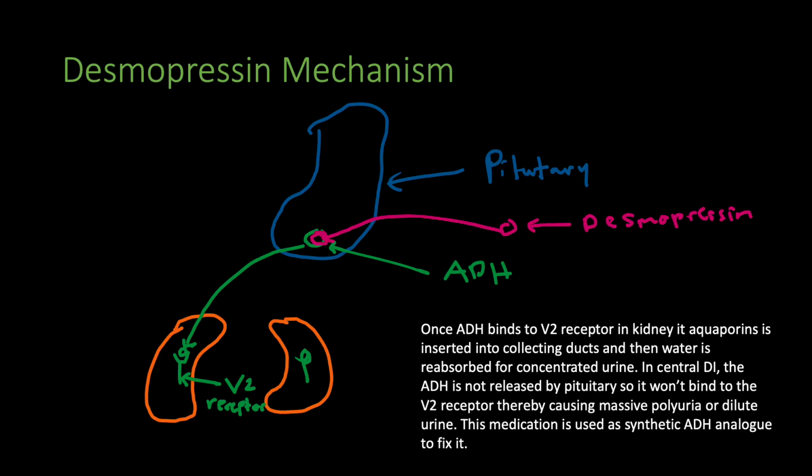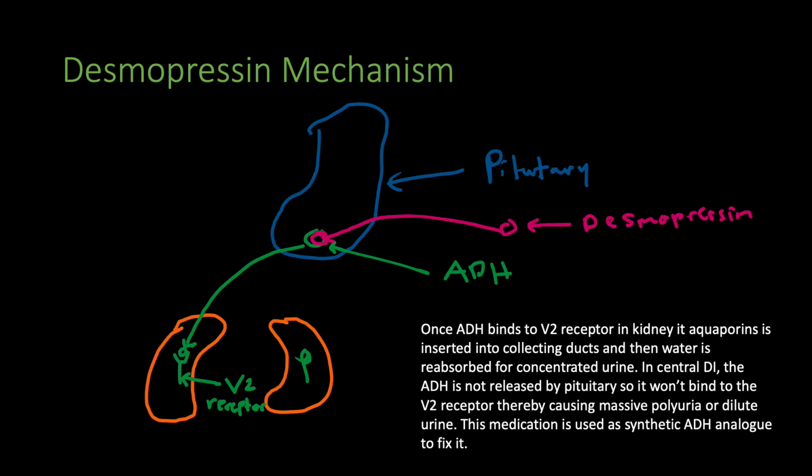That will allow the collecting duct to have aquaporin, so water can get reabsorbed and make the urine more concentrated. But when ADH is not available, or ADH is damaged, or it's not released, then it won't bind to the V2 receptors, and then it might cause massive polyuria or just basic water loss.